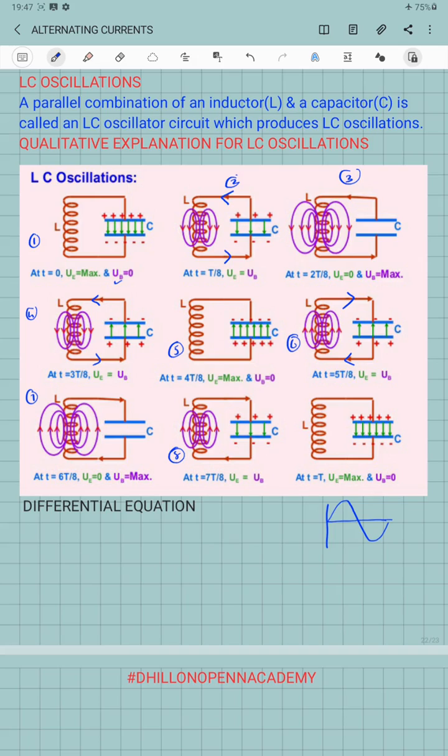Now, the EMF induced across the inductor at any instant will be minus L into di by dt.